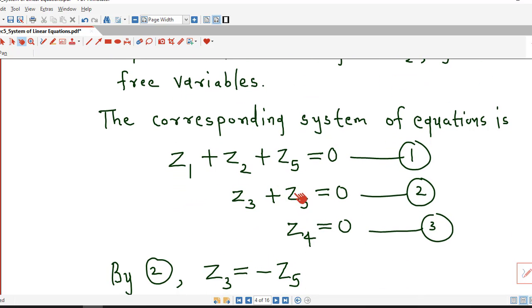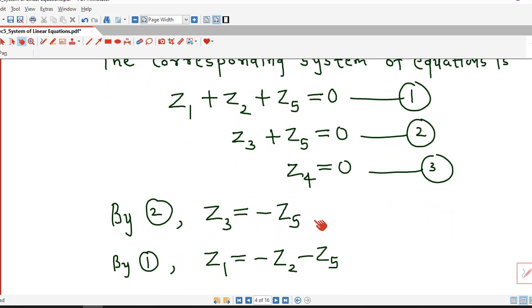Now we have to express leading variables in terms of free variables. Z4 is a leading variable, but it is constant here. In equation 2, Z3 is a leading variable and Z5 is a free variable, so we write Z3 in terms of Z5. And in equation 1, Z1 is a leading variable, which is written in terms of free variables Z2 and Z5.